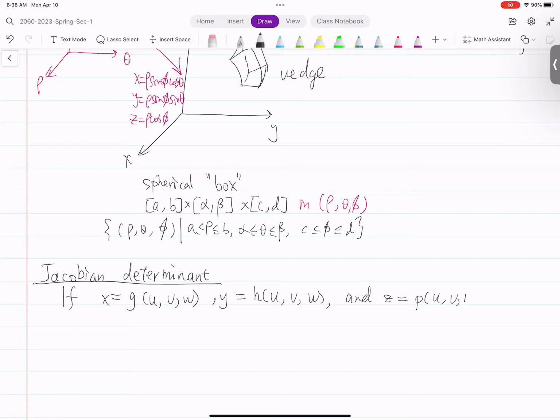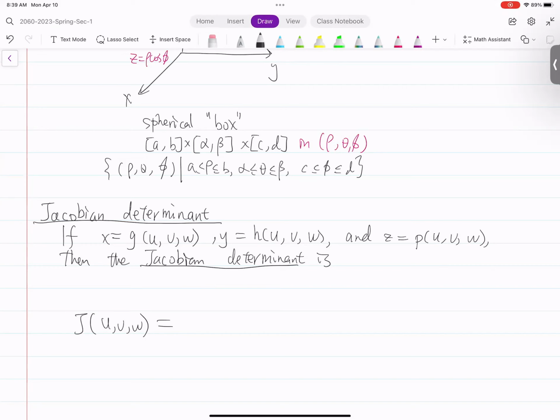Notice we have three multivariable functions. So let's put the first order partials of the first function x in the first row. So it's del x del u, del x del v, del x del w.